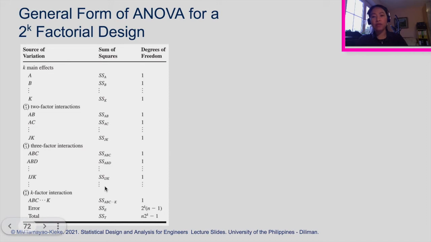And then you have your sums of squares, and then you have your degrees of freedom. It's basically 1 for each of the main effects up to the k factor interaction. And then for the error, you have 2 raised to k times n minus 1. And for the total, the degrees of freedom is n times 2 to the k minus 1.